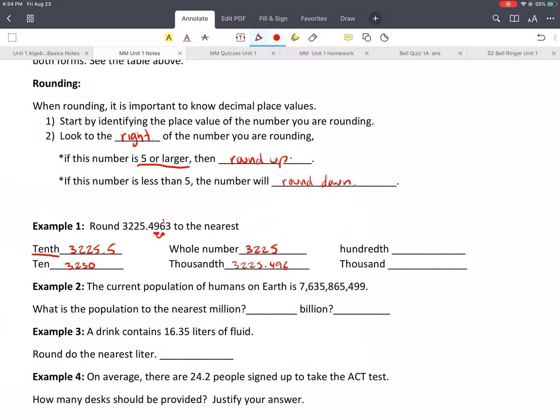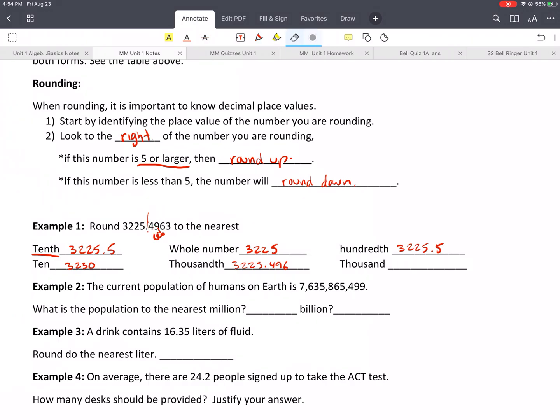We'd round the 9 up, and that would give us 10. So that gives us 3,225.5. You can round up from 9, but that gives you 10, so the 1 in our 10 goes towards our tenths place, if that makes sense.